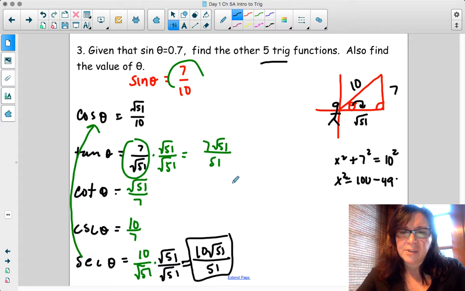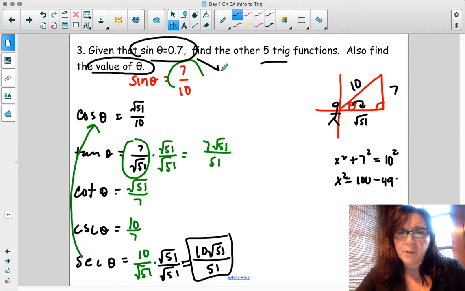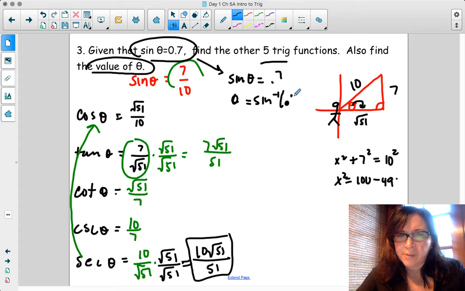The last thing I need to do is find the value of theta. So again, pick one of these. I'm just going to choose sine. In choosing sine, I get sine of theta is equal to 0.7, so theta equals arc sine of 0.7.